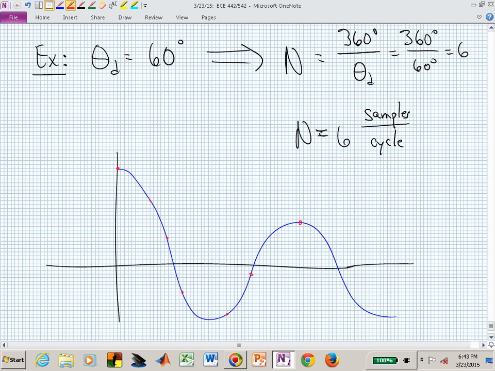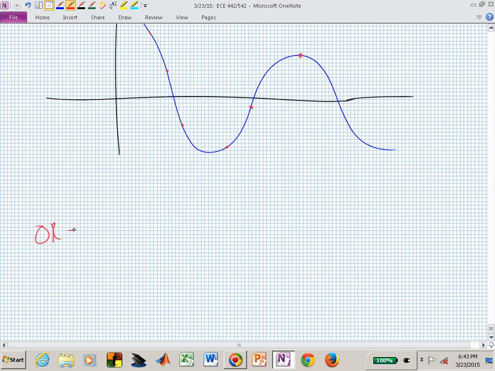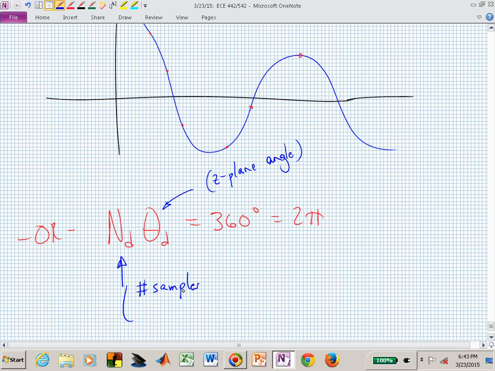Capital N is the number of samples per cycle. Or you could say N sub d times theta sub d is 360 degrees, or 2 pi, where this is now the z-plane angle, and this is the number of samples per cycle.